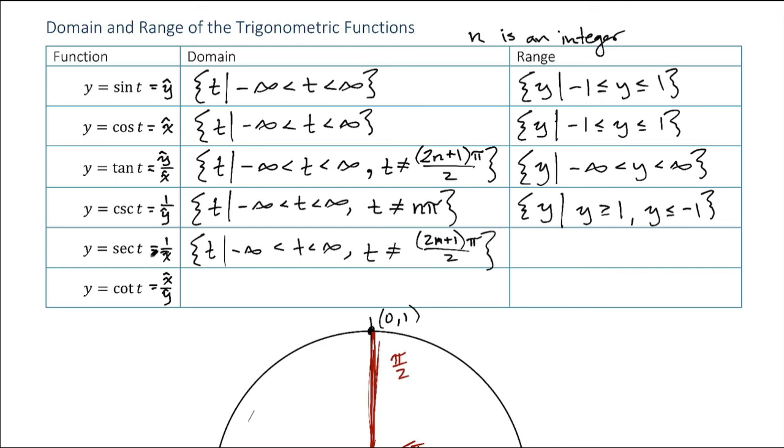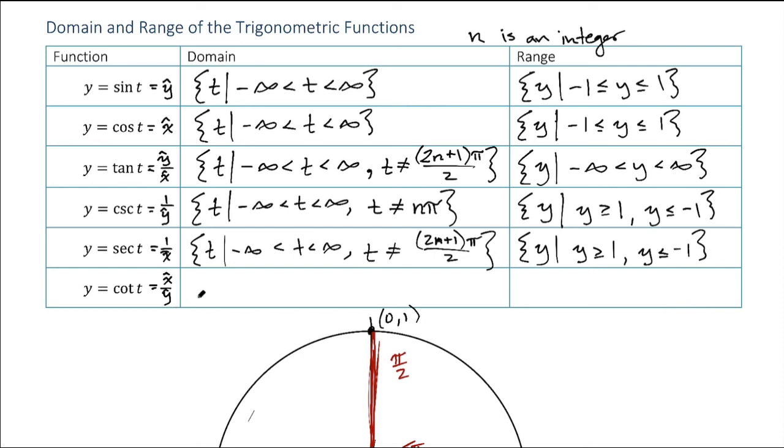The range for secant, we actually use the same reasoning as we did for cosecant. We're dividing by the y-coordinates there, but here we're dividing by x-coordinates. But we know the x-coordinates are also always between -1 and 1. So our range is all possible y values that are greater than or equal to 1 or less than or equal to -1.